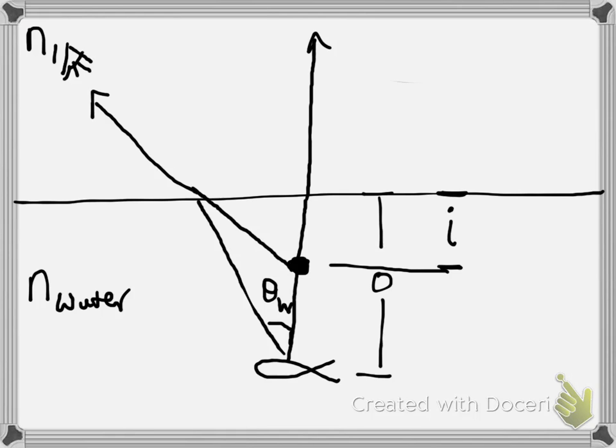All right? And it turns out that n1 times the image distance is equal to n2 times the object distance. So if I want to calculate where the fish appears to be underneath the water, if I know how deep it actually is, then I can find it.